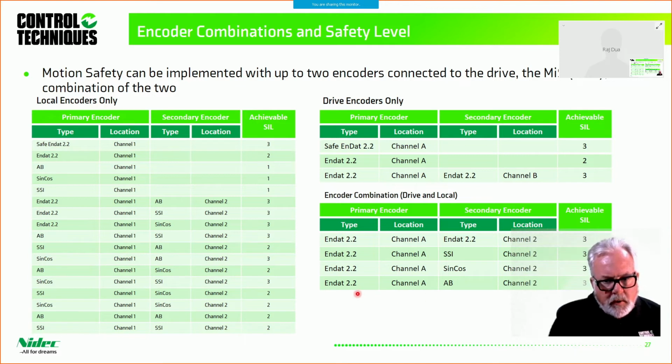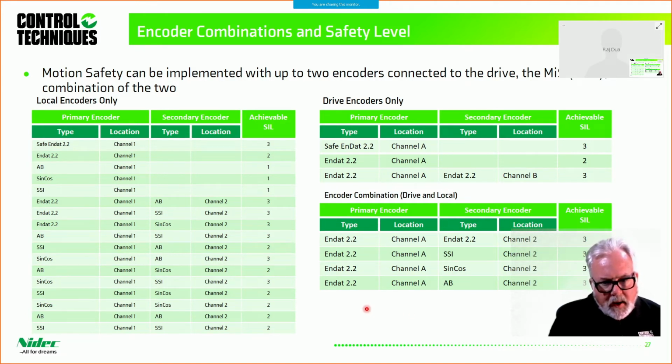So even if your motor encoder is NDAT 2.1, then I would need to bring a second encoder in to channel 2 on the drive or the module in order to have a chance at achieving SIL3.